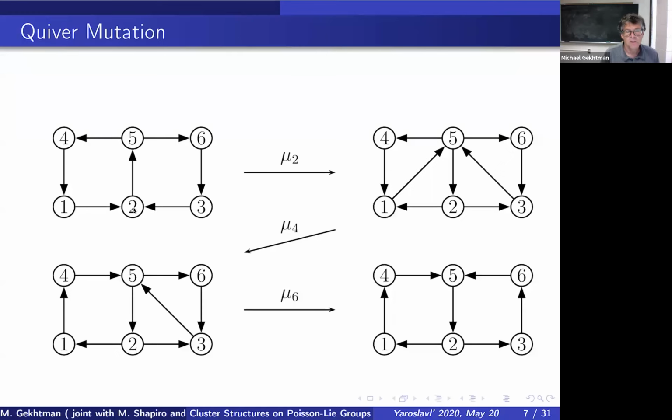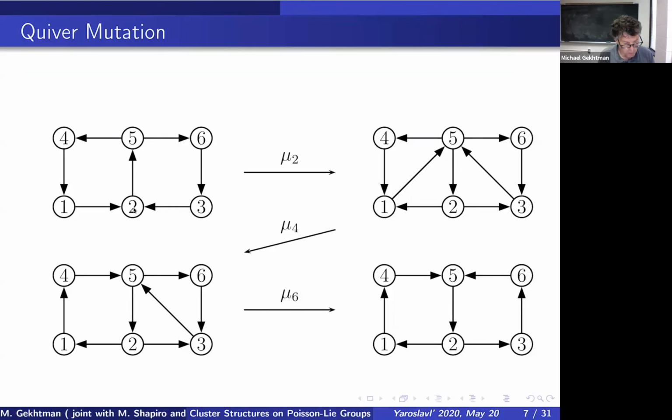Suppose we have 6 coordinates, and they attach to the vertices of this initial quiver. And suppose I want to change coordinate number 2.